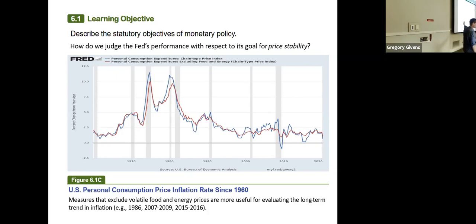Not just in theory, but in practice. What is it that the Fed is looking at? They have an inflation target. What is that target? It's 2%. What particular measure of inflation are they looking at? Not CPI, not asset price inflation, but consumer price. It's the deflator for personal consumption expenditures.